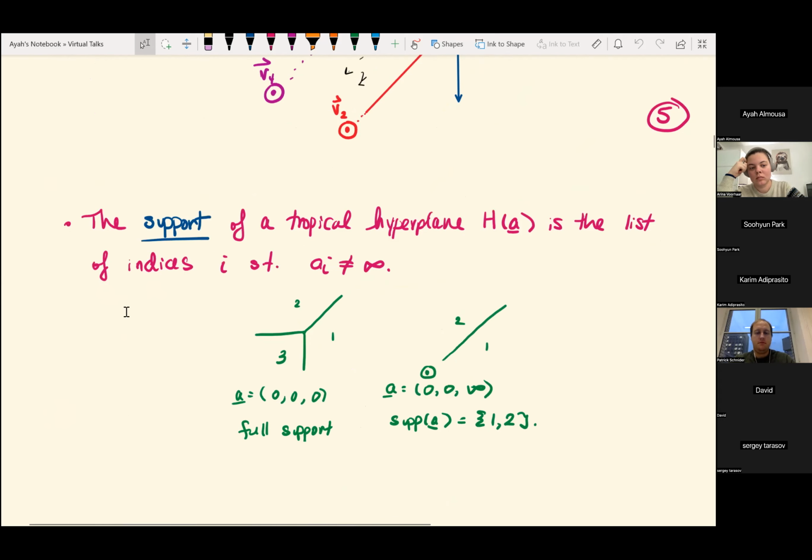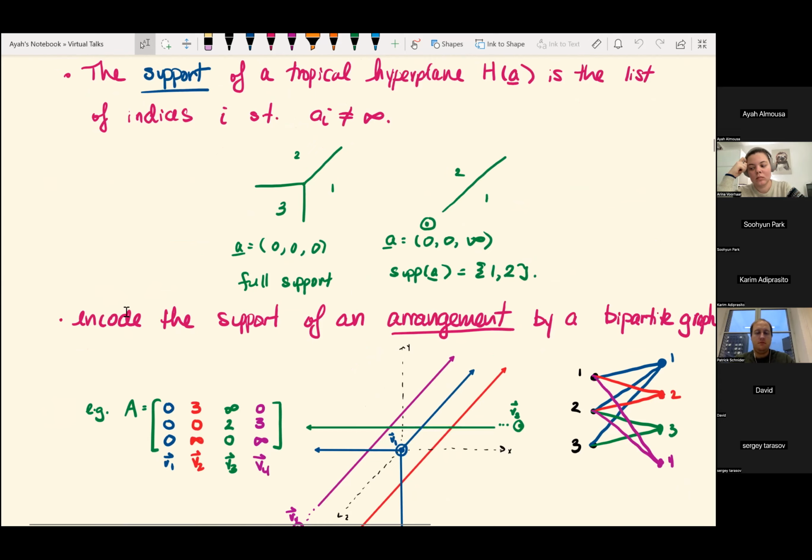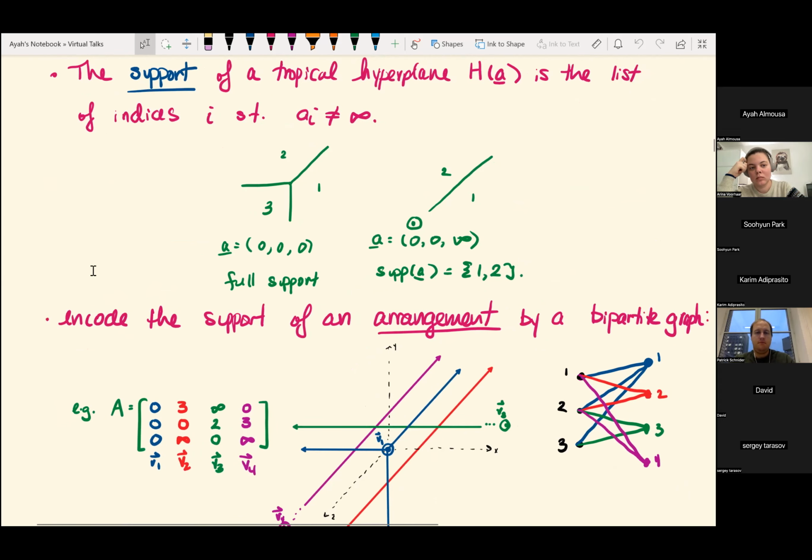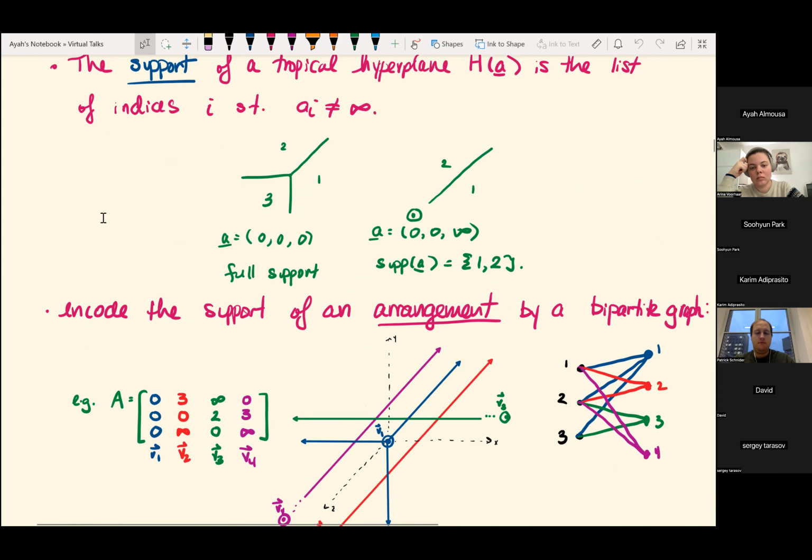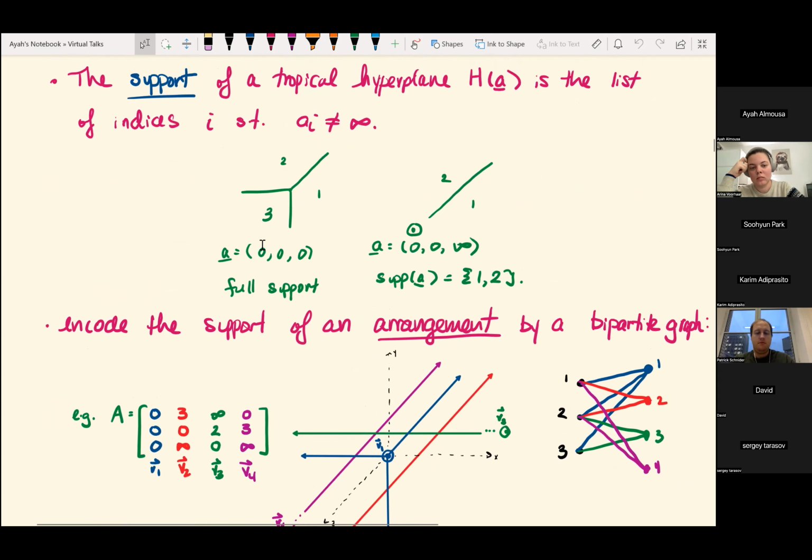One key idea is I'm going to be talking a lot today about the support of tropical hyperplanes. Here in this picture, this is the typical tropical hyperplane that you might be used to, and these have full support. So all of the entries of the vector indicating my apex are finite numbers.